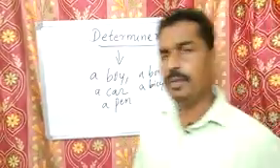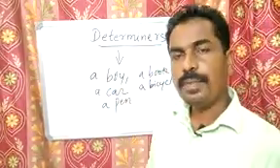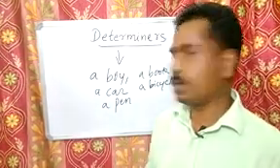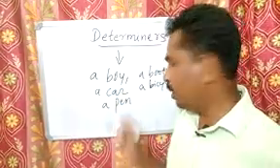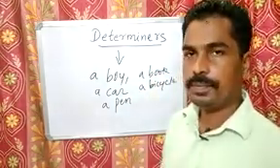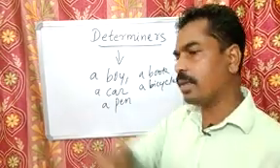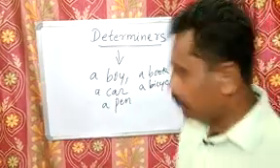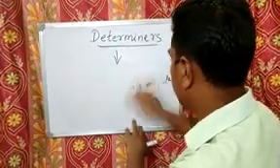First of all, both a and an are used with nouns that are singular. A boy means one boy, a car means one car, a pen, one pen, a book, one book, and a bicycle, one bicycle. So both a and an are known as indefinite articles. Among so many, we talk about any one. So where should we use a? That is the question we are going to discuss now.